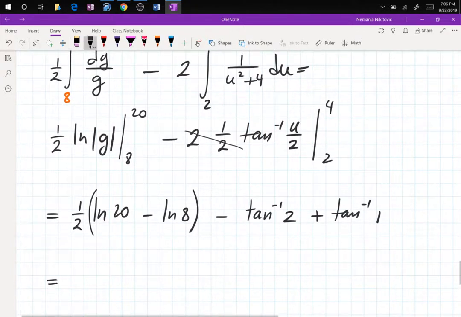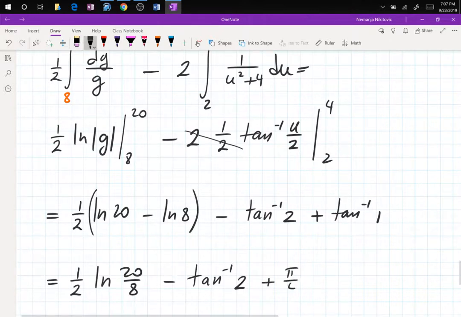So now, when you subtract ln's, they actually divide. So it's 1/2 ln of 20 over 8, which we can cancel. And then you have tangent inverse of 2, which is not some number that we compute, so we'll just leave that one. But tangent inverse of 1 is a known value, which is what?